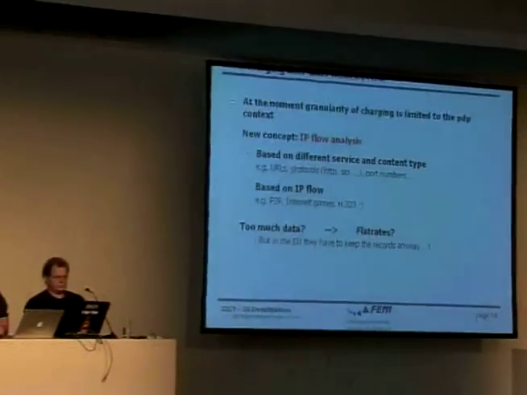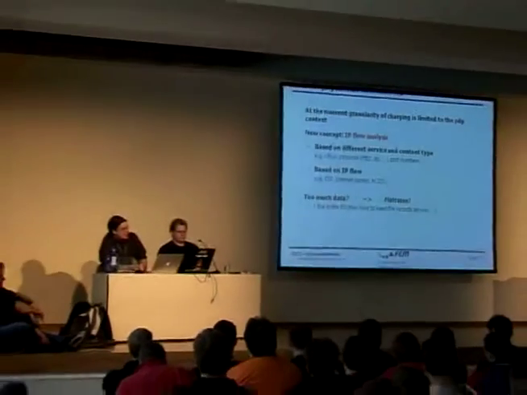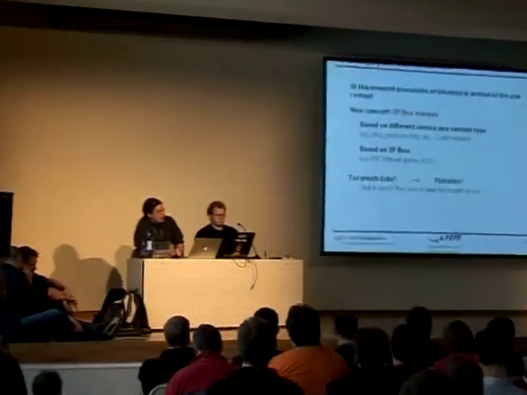And another thing is the real IP flow analysis. When you think of peer-to-peer or internet games where you have a lot of open ports and a lot of different kinds of data, you want to have some kind of aggregation of this data. So that you don't have more than 1,000 entries in the charging database, but only one.